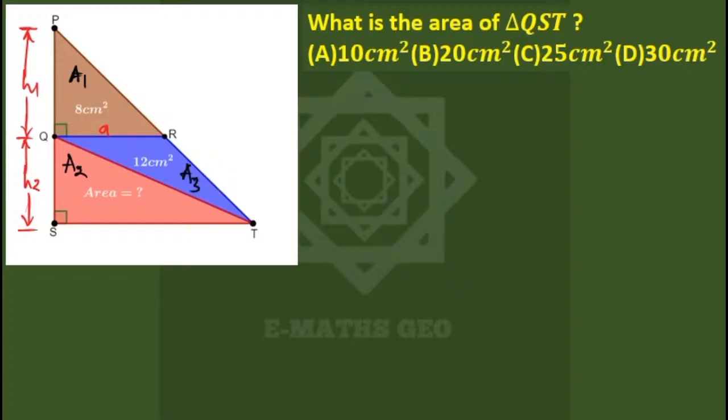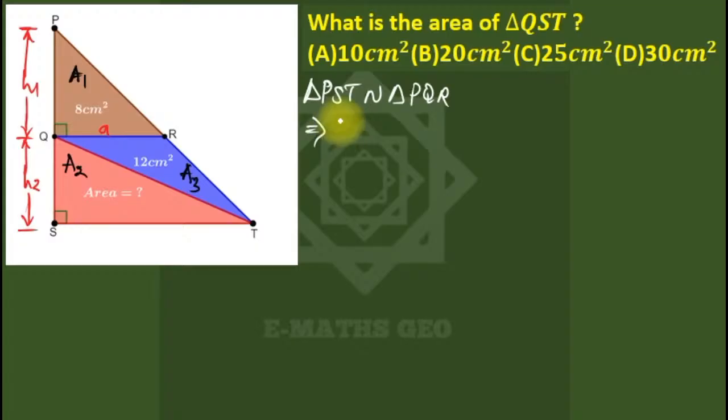So we know that, as you can see, this PQR and the big one are similar. So triangle PST is similar to triangle PQR, which implies that the ratio of their areas must be proportional.